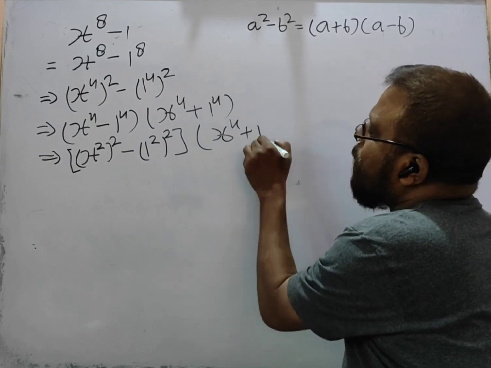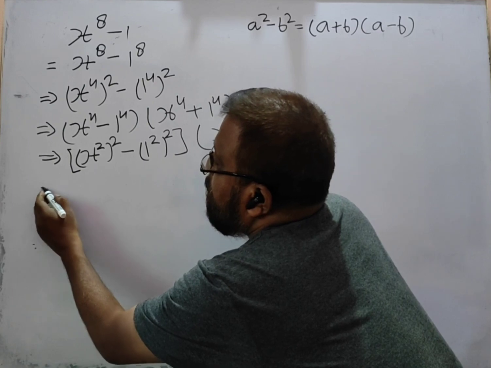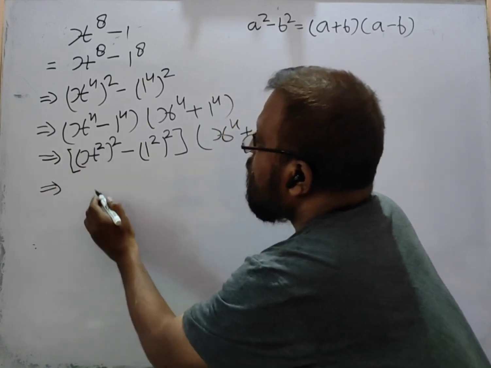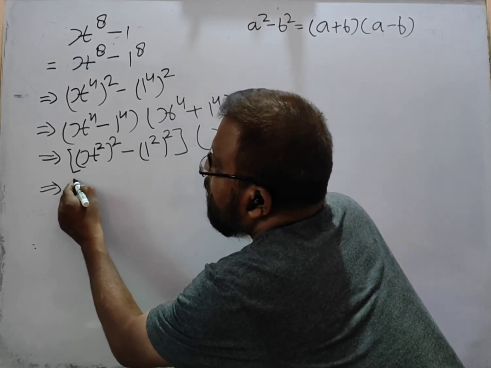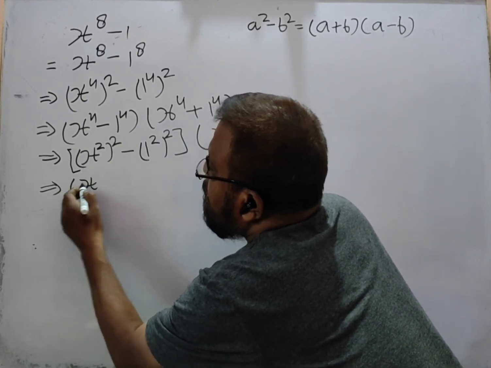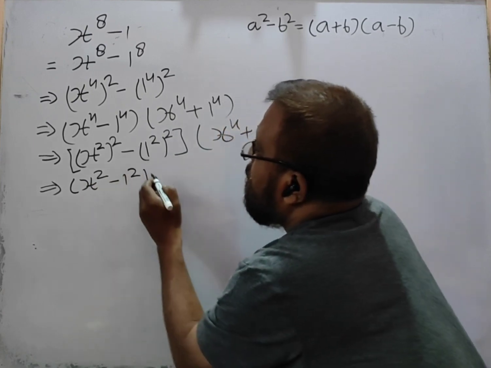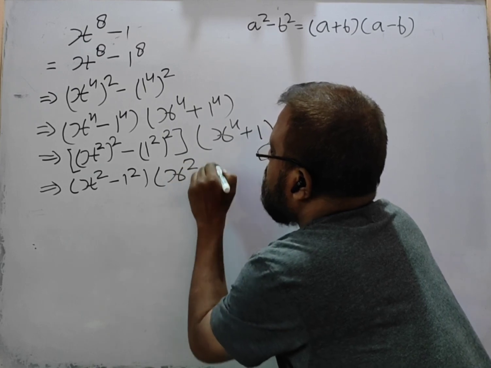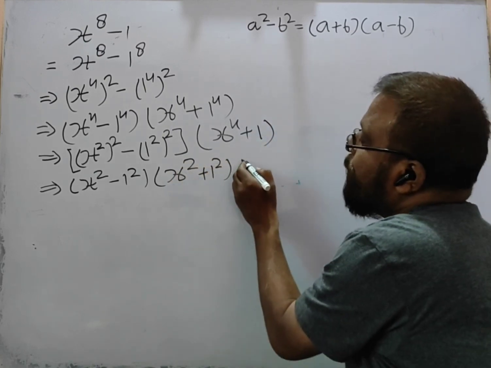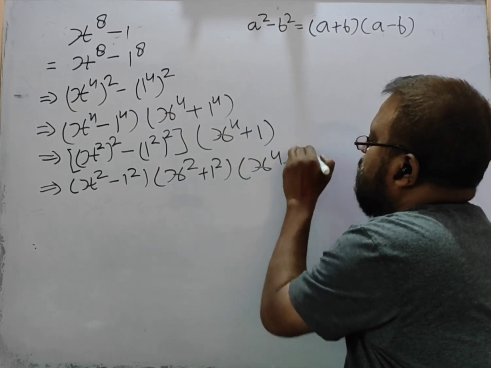So I write now 1 here for this, because it is not going to be further. Right? So now again we apply the same formula. So now we write x square minus 1 square, and we write x square plus 1 square bracket x raised to the power 4 plus 1. Right?